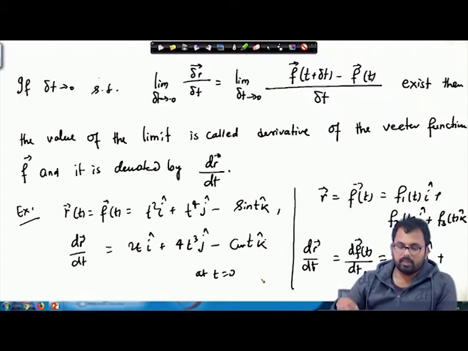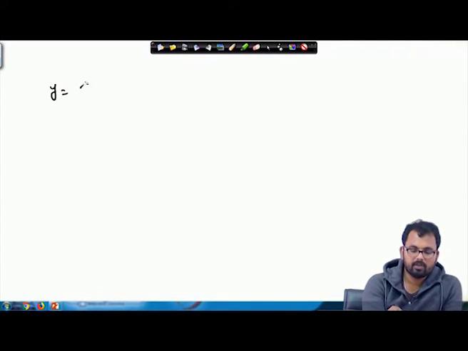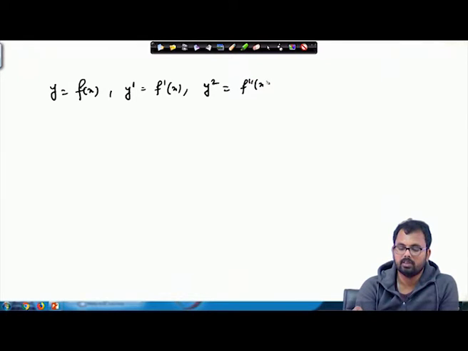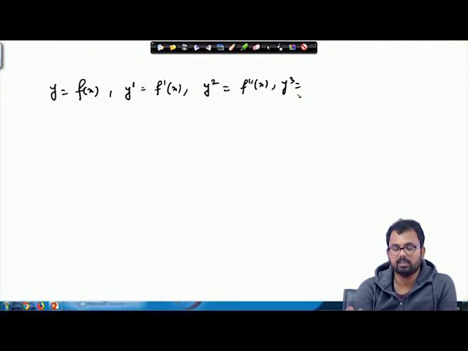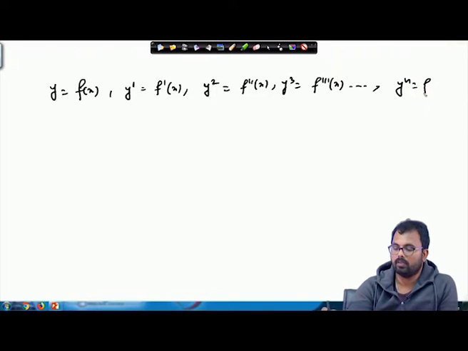Now, like for a function of one variable or scalar functions, we had y1 equals dy dx equals f dash x, then y2, which is d square y by dx square, equals f double dash x, then y3, which is d3 y by dx3, equals f triple dash x, and so on, so yn equals f n of x.